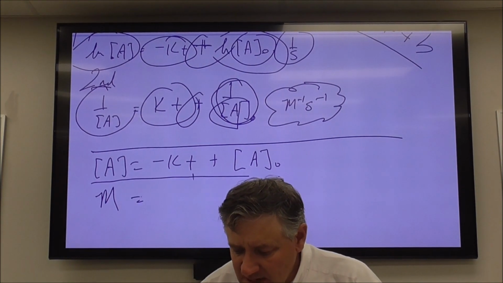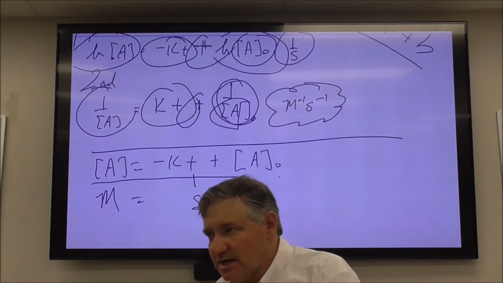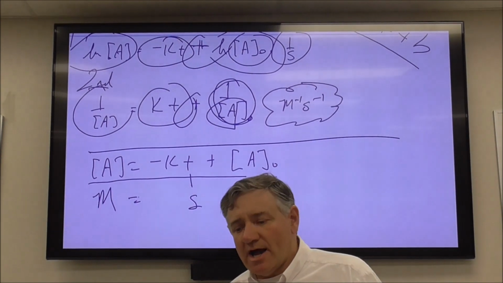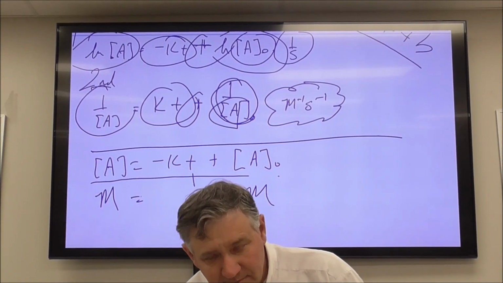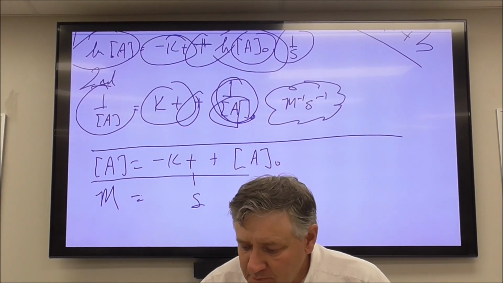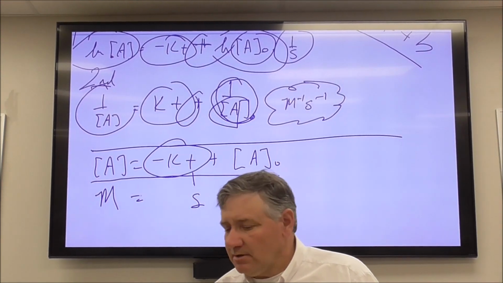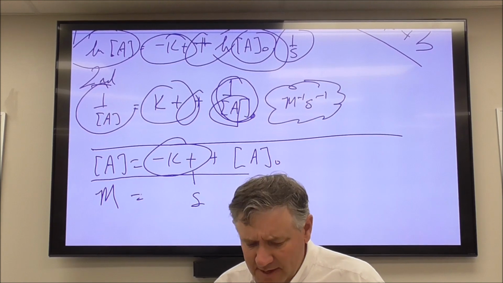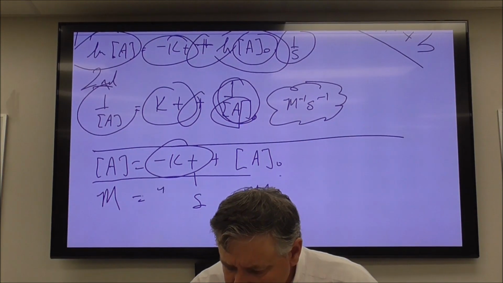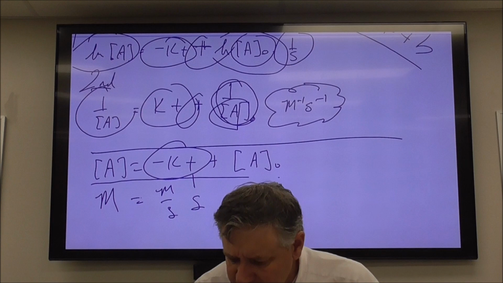That means this time is going to be in seconds. So somehow I have to get rid of the seconds and end up with this being molarity. So I ask, what can I multiply that by? Oh, right, maybe molarity per second.